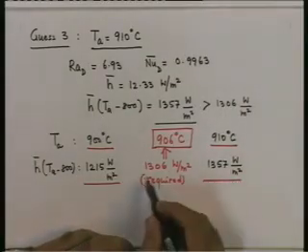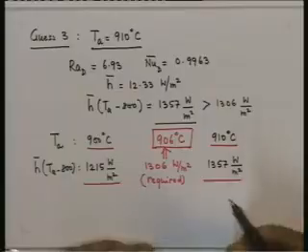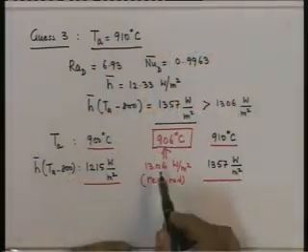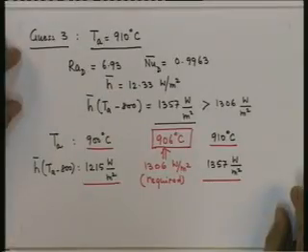It may not give you 1306 exactly, but it will give you within a few watt per meter squared of 1306. And remember that our computation of h bar is based on a correlation. It gives you data matching with experimental data, but not exactly matching. And hence it is not necessary for us to do an exact match of h bar into TA minus 800 to 1306 watt per meter squared.